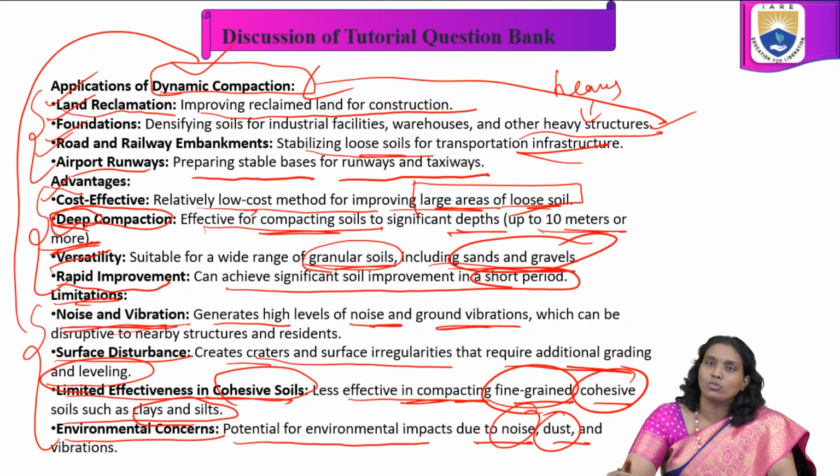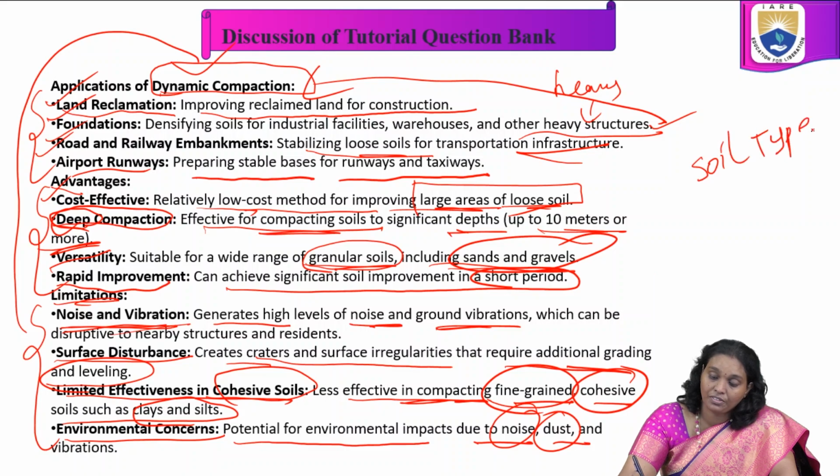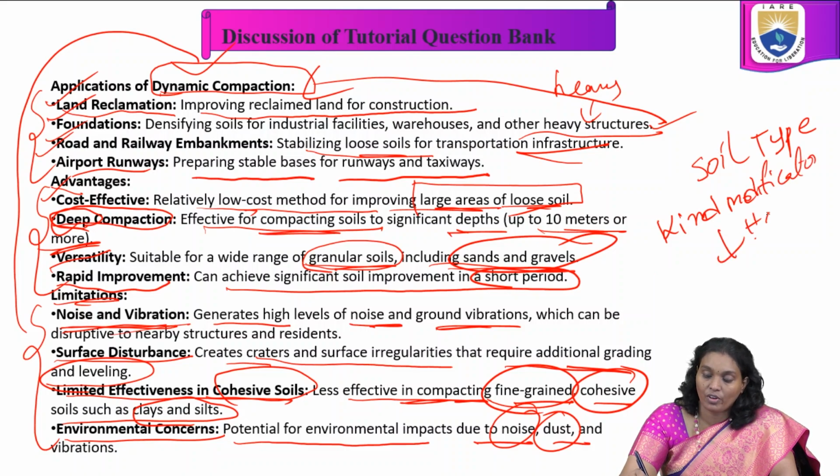So like this we have to analyze what type of technique, which type of soil we are using, what kind of modification we are getting, and how effectively we are reaching it. These are the parameters we consider for each and every technique.